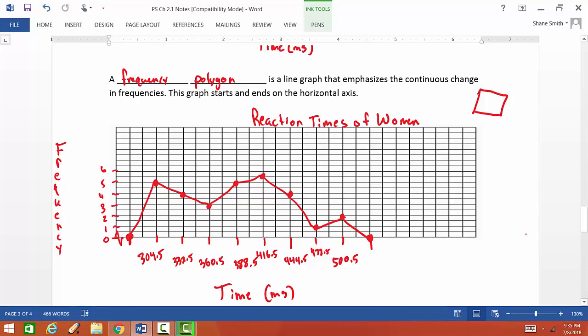If I add 28 every time, I'll get the next midpoint. Well, if I subtract 28, right? If I subtract 28, I will get 276.5. And if I add 28, I will get 528.5.